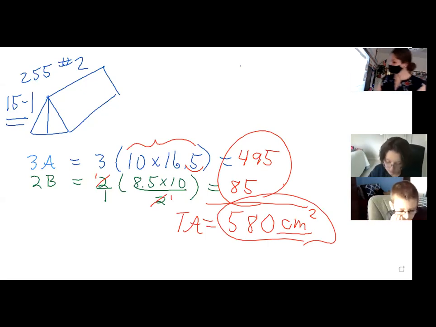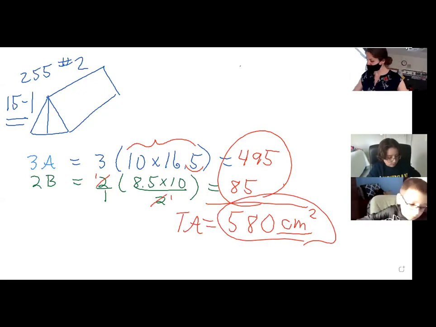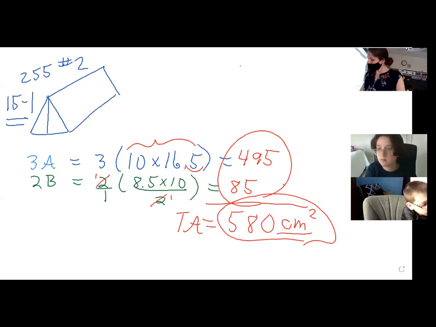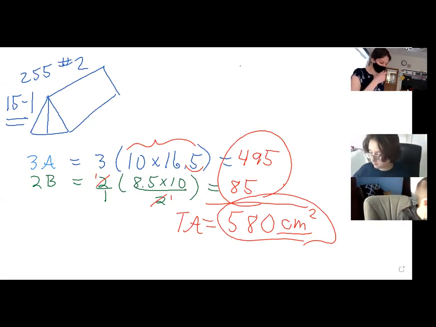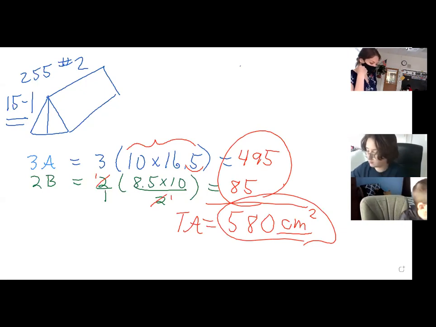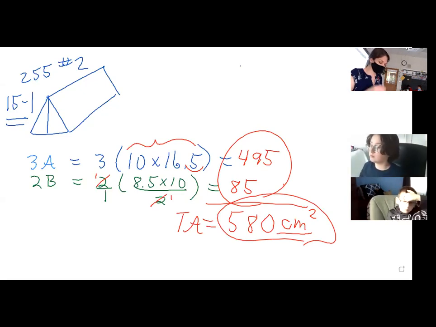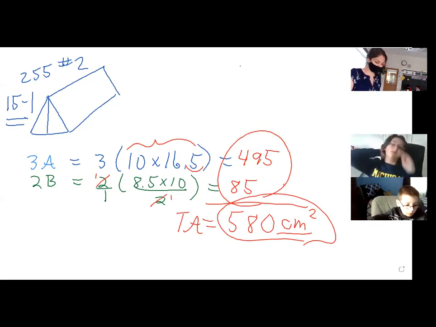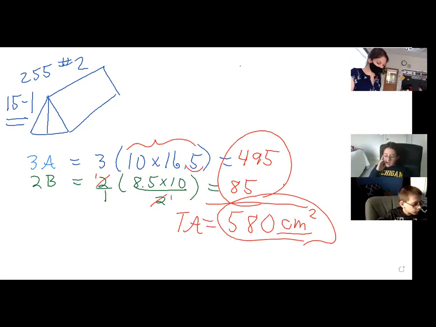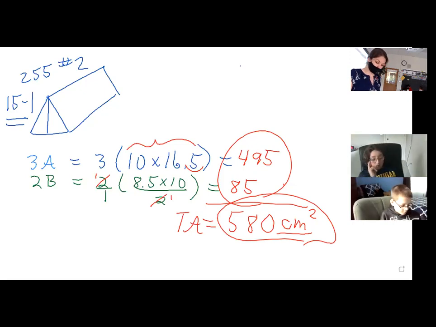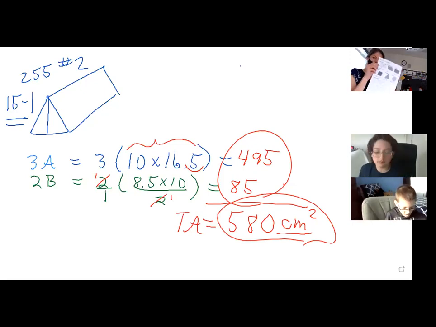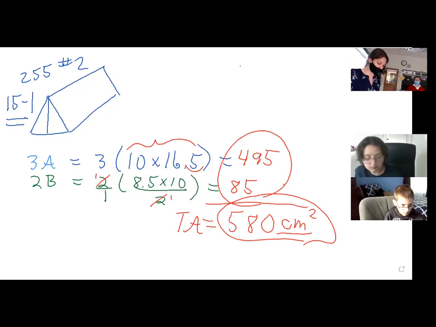All right, so today only you're working on the prism side. You're working on the prism side. 1 through 6. So you're gonna have to use a net, unfold it, draw the figure as it looks when it's unfolded, and then calculate the surface area of those smaller sections. Feel free to use 15.1 and your cheat sheets to help you with some of those formulas, but it looks like only rectangles and then one of them has a triangle involved.